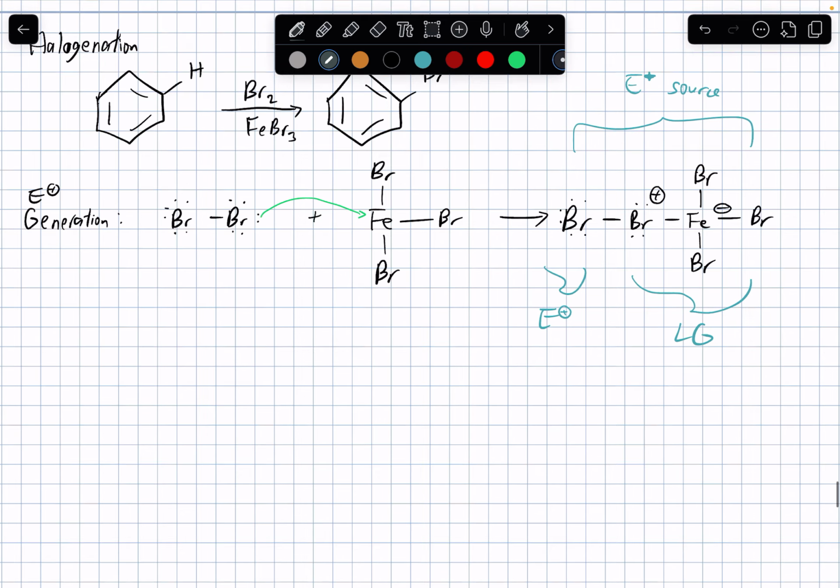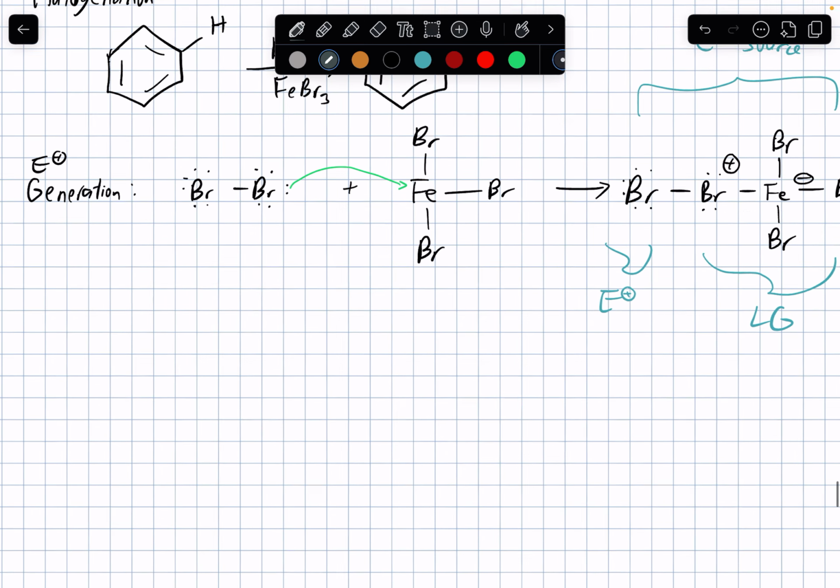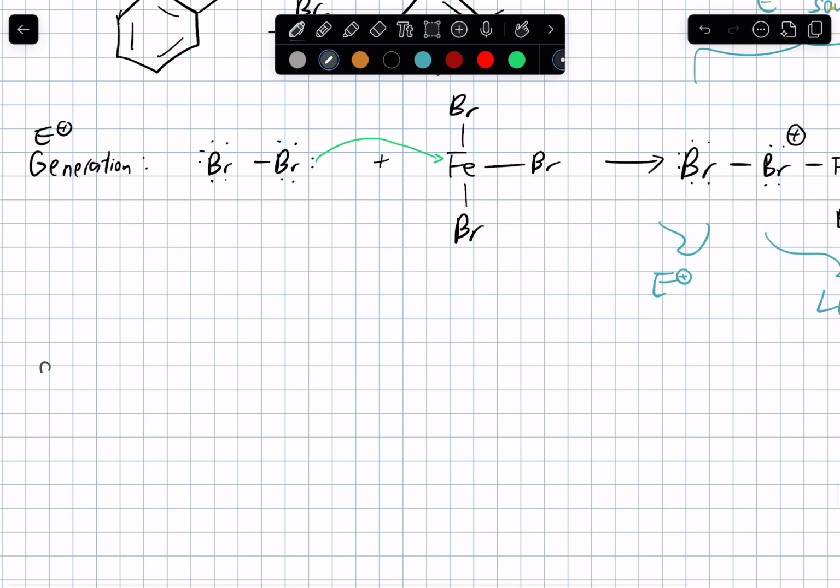Okay. So we're still gonna write the entire chunk in step 1. Again, step 1 is the formation of the arenium ion. We generate the benzene attacks the electrophile.